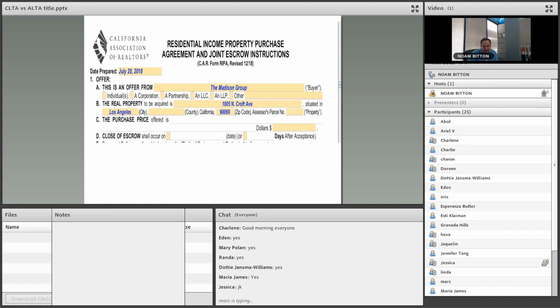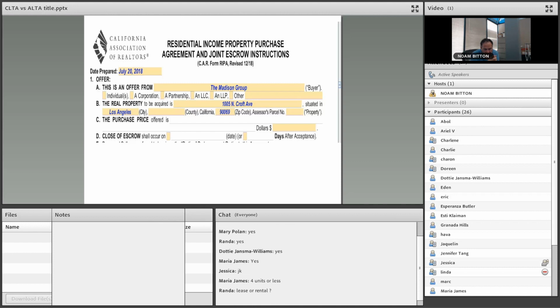Anybody can write and enlighten everybody else? Maria, you say 4 units or less for what? Mark says the seller lives in it, and the other one is investment, income property. Okay, 4 units or less.